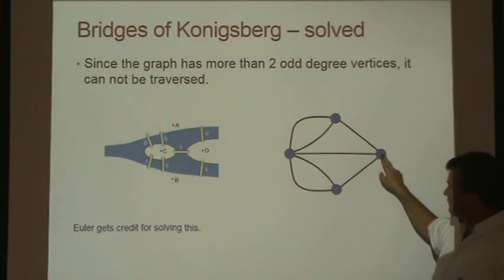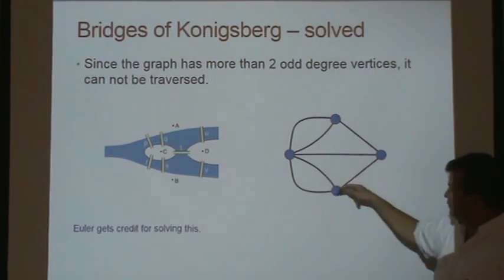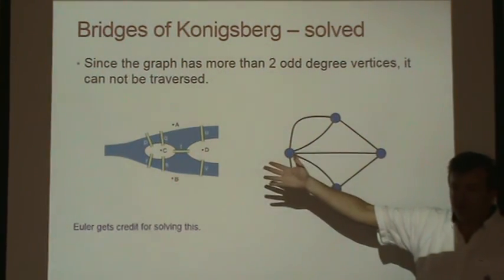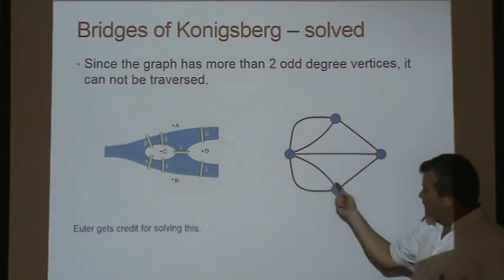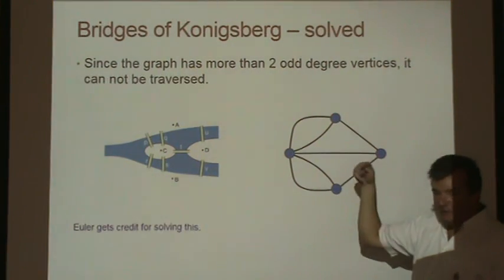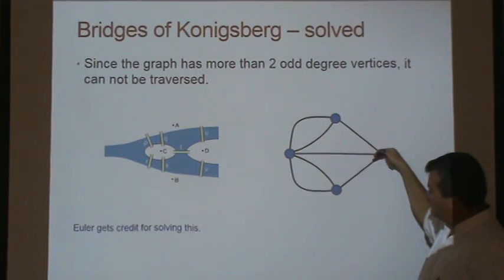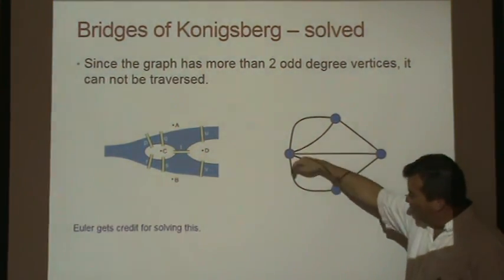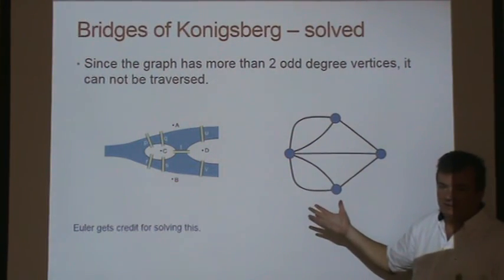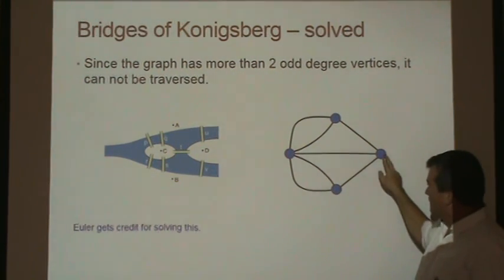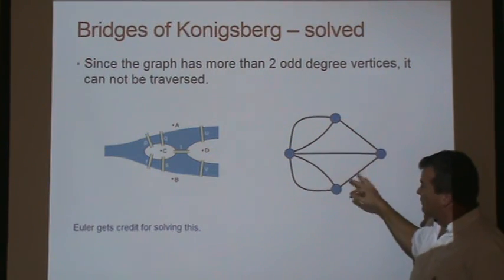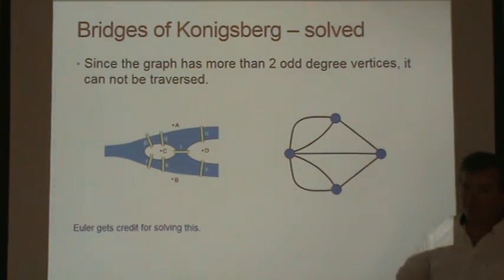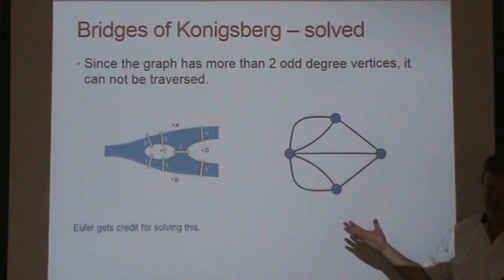If you start at an odd degree vertex, you walk out, you come back in, and you walk out. You'd have to finish somewhere else. If you don't start at an odd vertex, then you must end there, because you would come in, go out, and then come in, and then you're done. So this graph would have the property that wherever you started, you'd have to finish at all 3 other places, which you can't do.